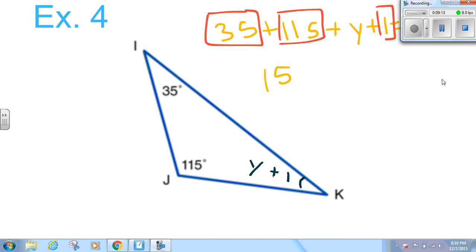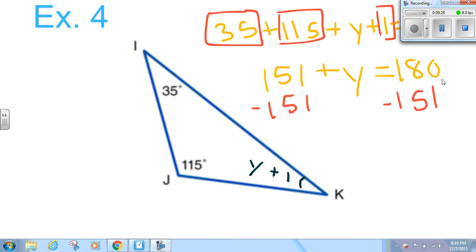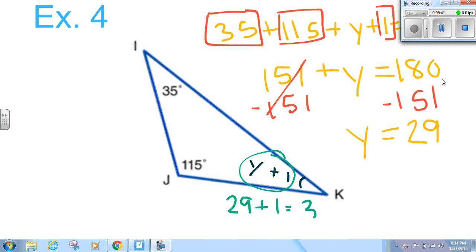And then I'm going to bring down the plus y equals 180. Now I can subtract the constant 151 from both sides. These cancel out, and y equals 29. Now if we plug that back in to here, we have 29 plus 1 equals 30 degrees for that angle.